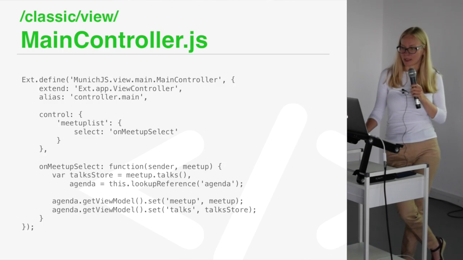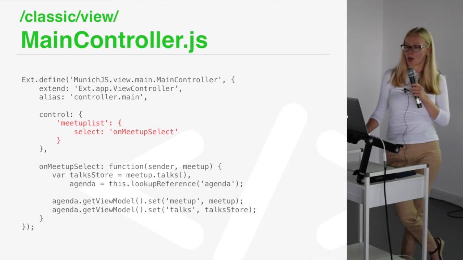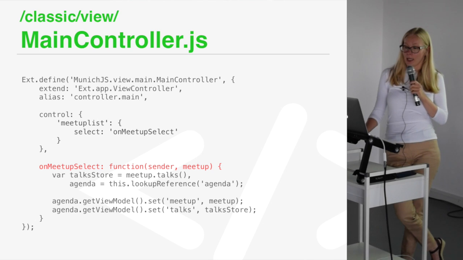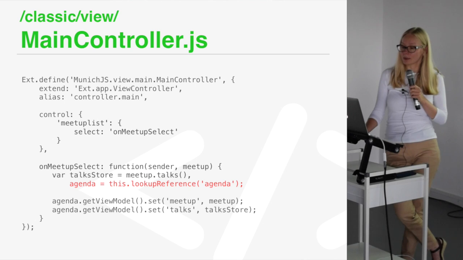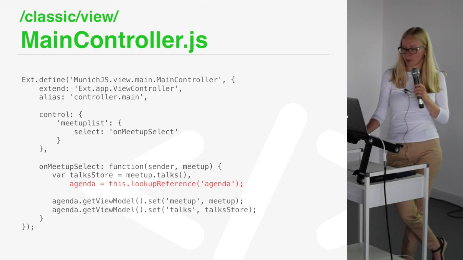Our ViewController listens to the Meetup list select event and handles it with the onMeetupSelect function that has two parameters. Sender is just the Meetup list instance, and Meetup is the selected Meetup record. We get a list of talks from this Meetup record thanks to the hasMany association, and get the agenda using a defined reference on the view.